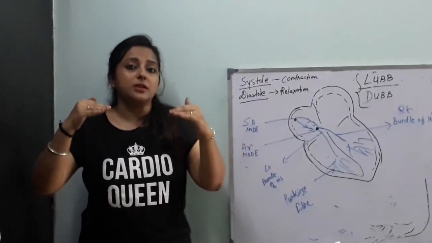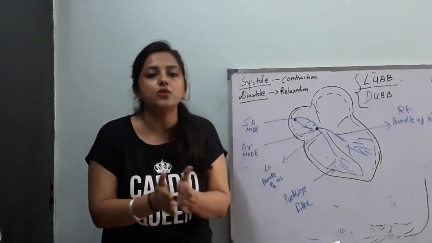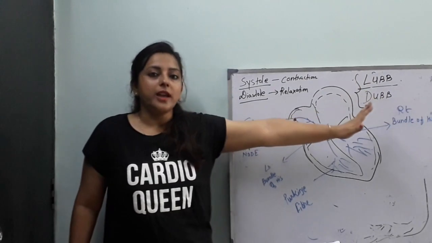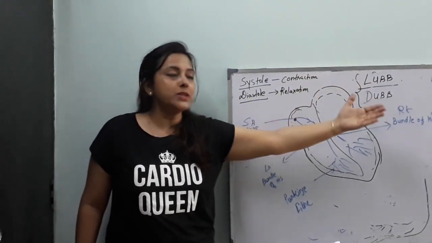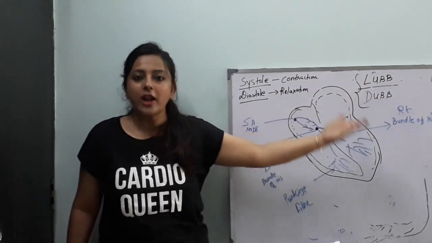The sound which comes after the closure of these valves is the second sound of our heart, and this sound is dub. That is why our heart beats, it produces two sounds, lub, dub, lub, dub. This is our heart sound.